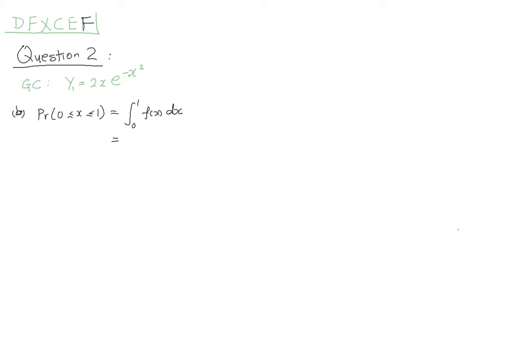You go to your calculator, GC. You go to MATH, then you select FNINT. On the screen, it comes out like that. You key in 0, 1, you key in your Y1, then dx.